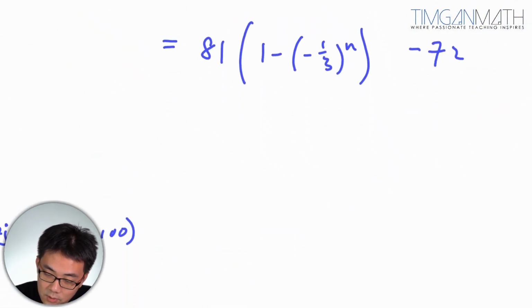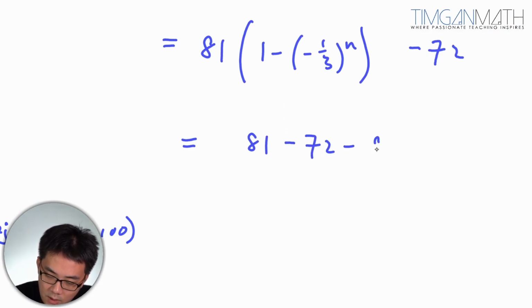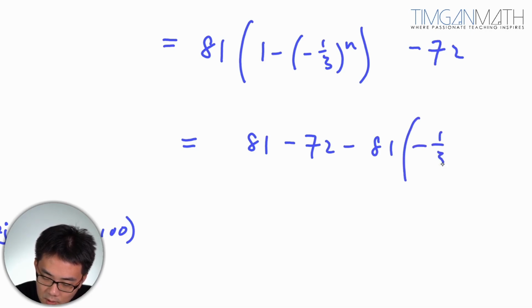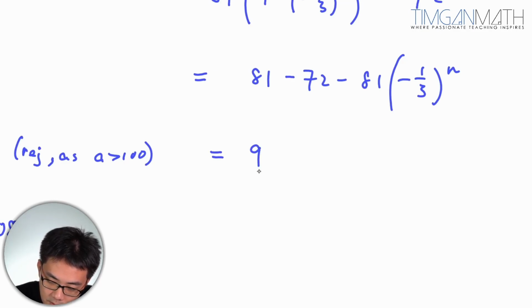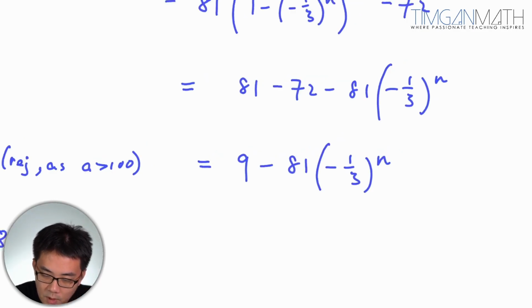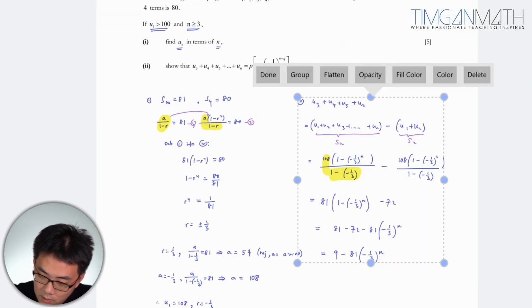This is just algebraic manipulation, nothing fancy. So 81 minus 72 is 9. Then we could just move the 9 out.